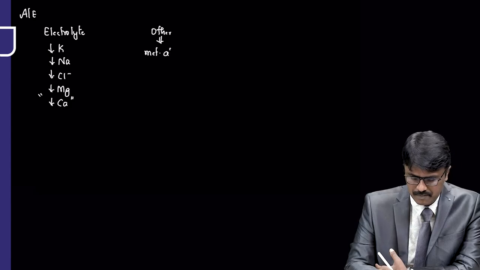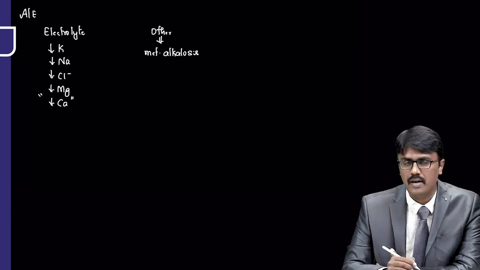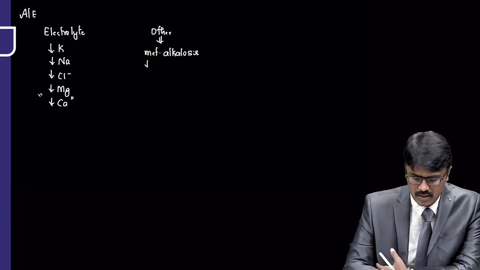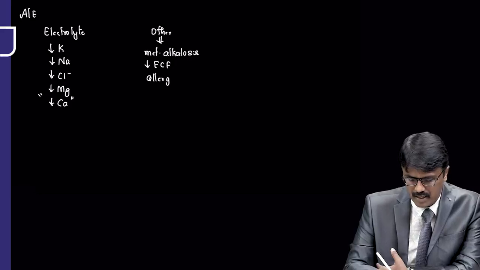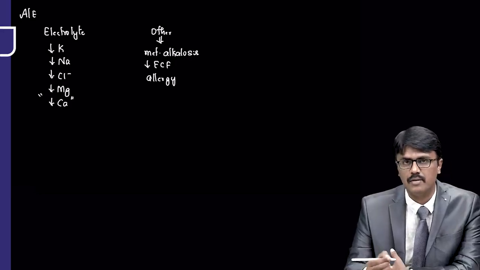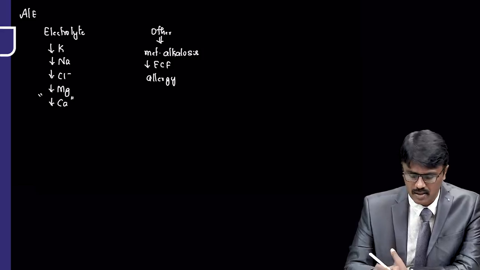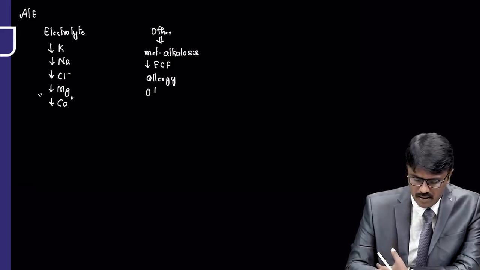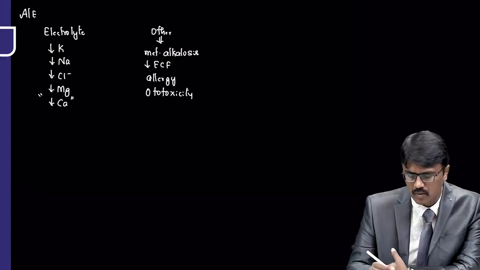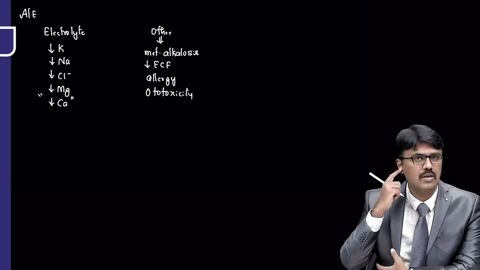I told you that metabolic alkalosis, and they are depleting sodium and water. So the ECF, extracellular fluid, will decrease, and they can cause allergy. Except ethacrynic acid, the others, furosemide, bumetanide, torsemide, can cause allergy. And one important adverse effect is ototoxicity, that is toxicity of the ear.